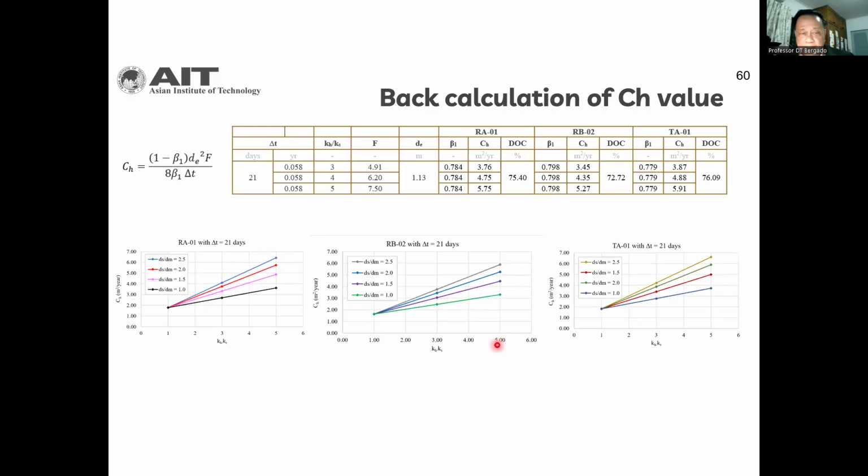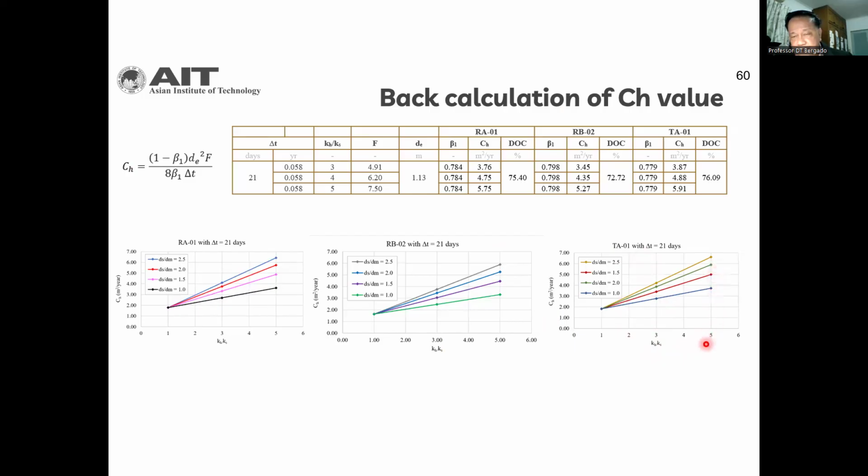And we can plot the c_h over k_h over k_s, and these are d_s over d_m. d_s is equivalent diameter of the smear, and d_m is equivalent diameter of the mandrel for RA1, RB2, TA1. So here we can read off the c_h value as a function of k_h over k_s.